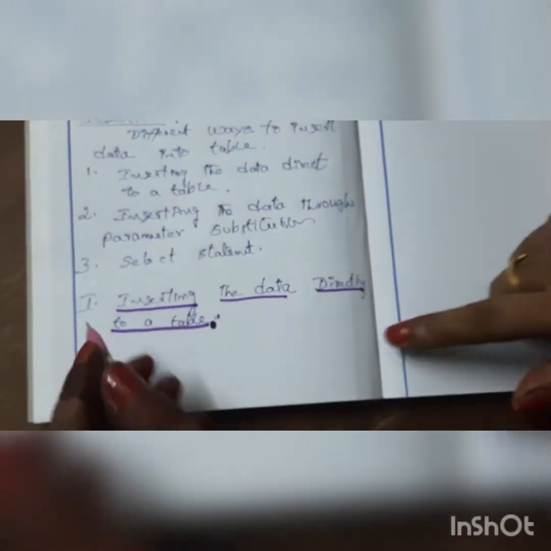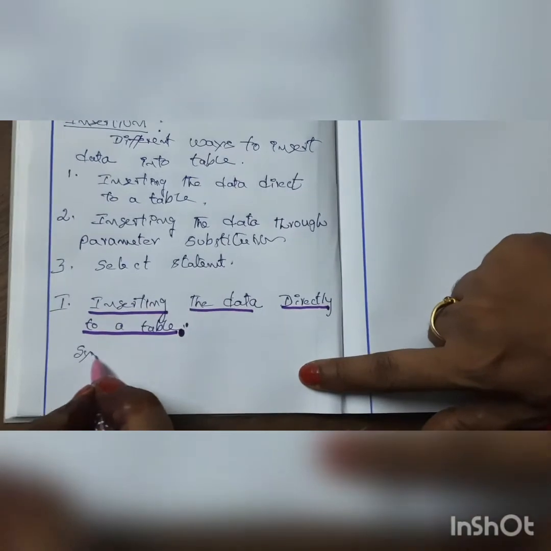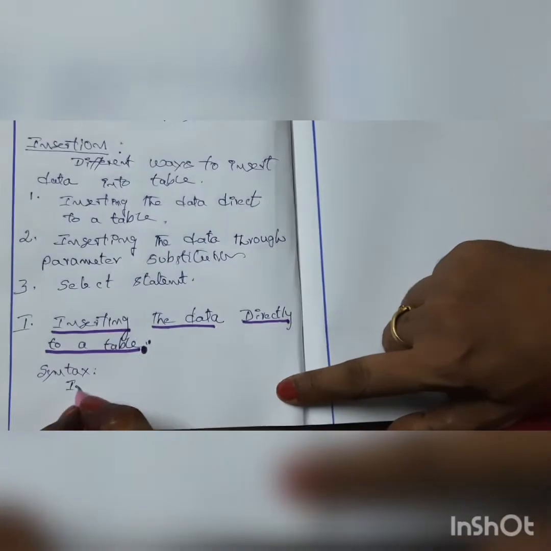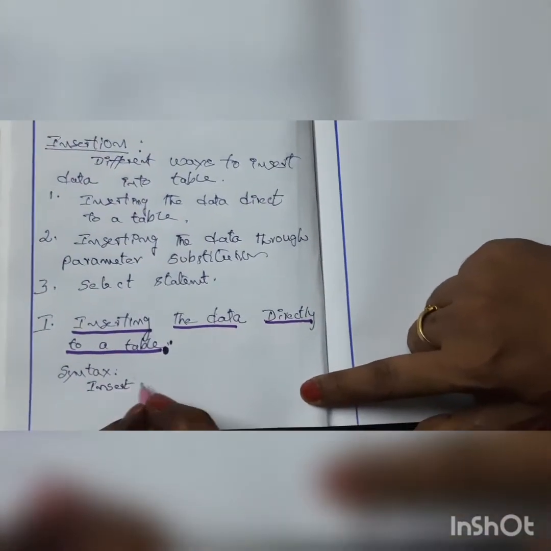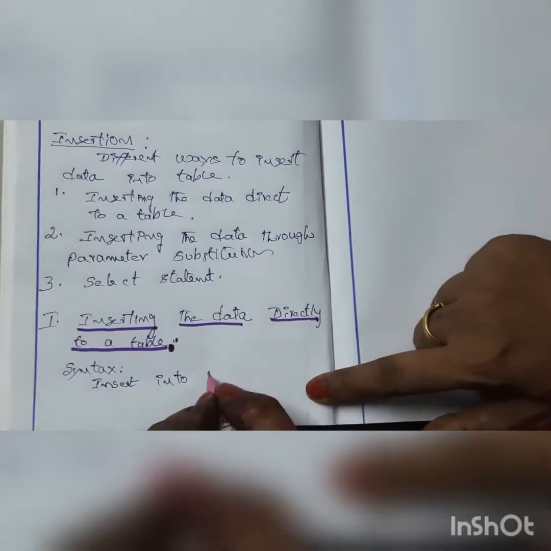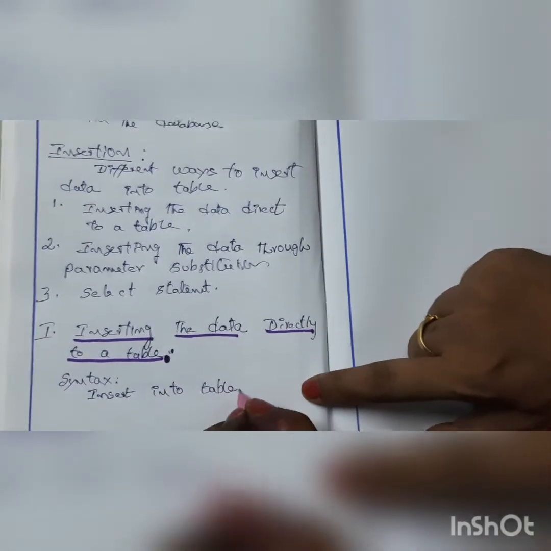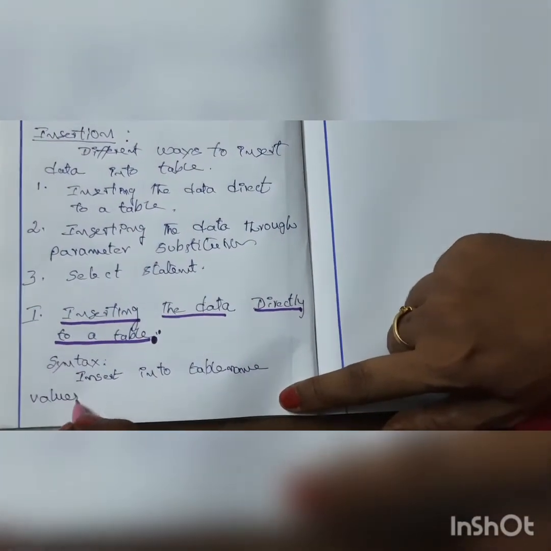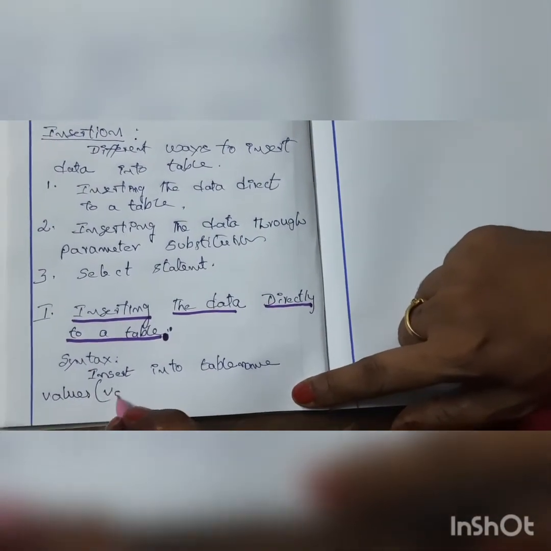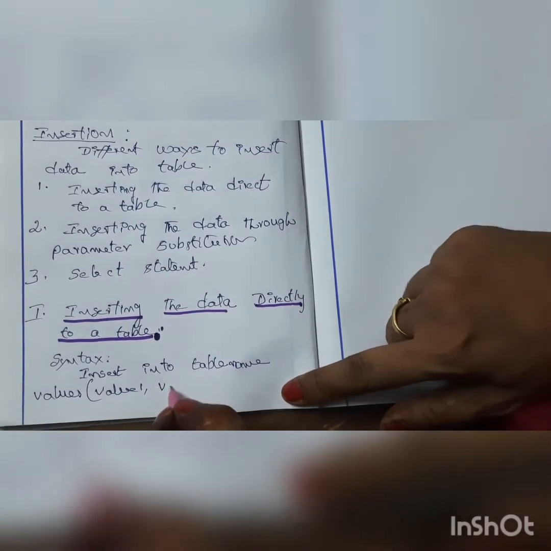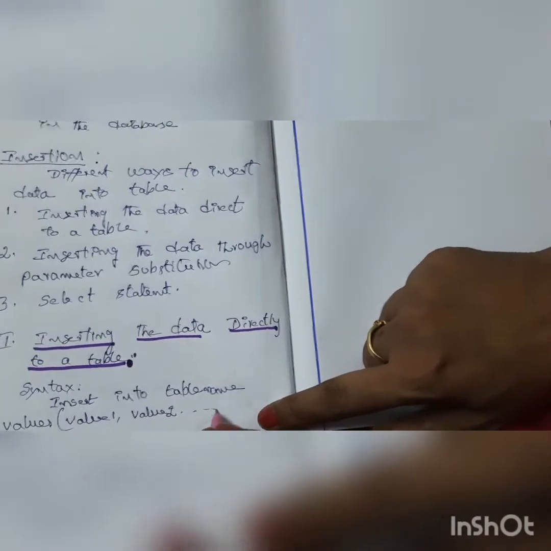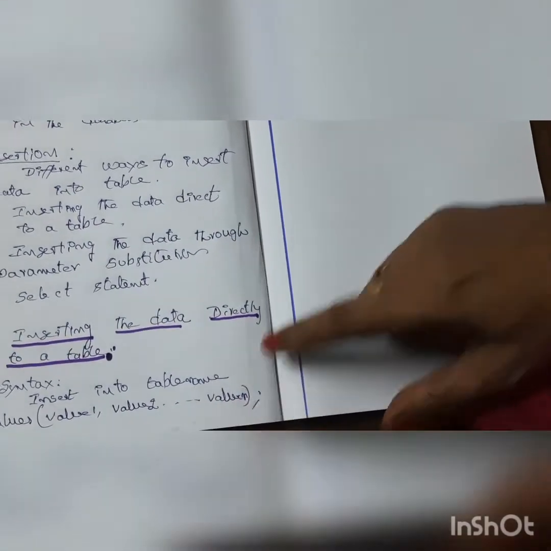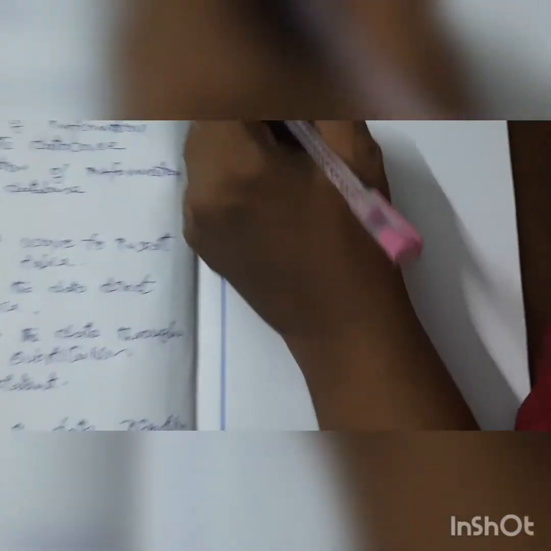Syntax: insert into table name values, within brackets, value 1, value 2 up to value n, semicolon.